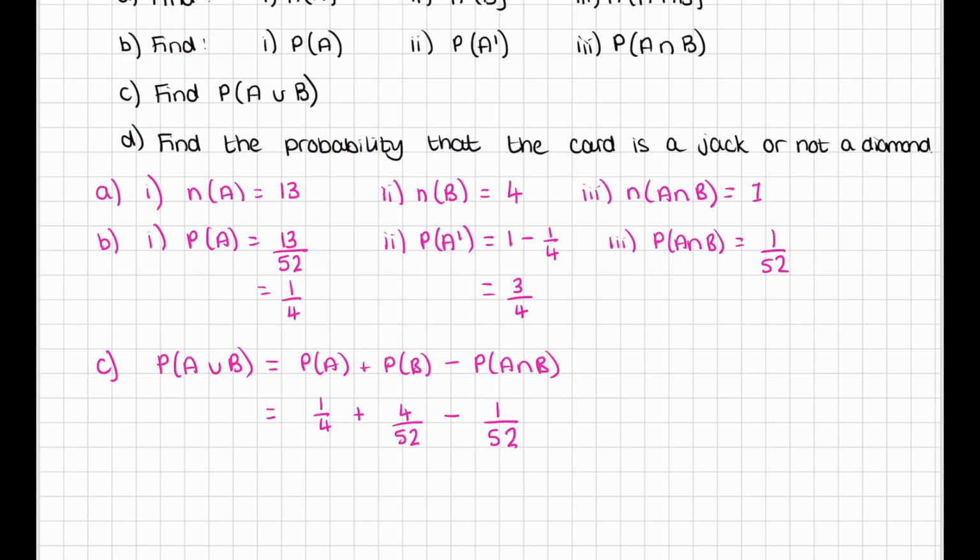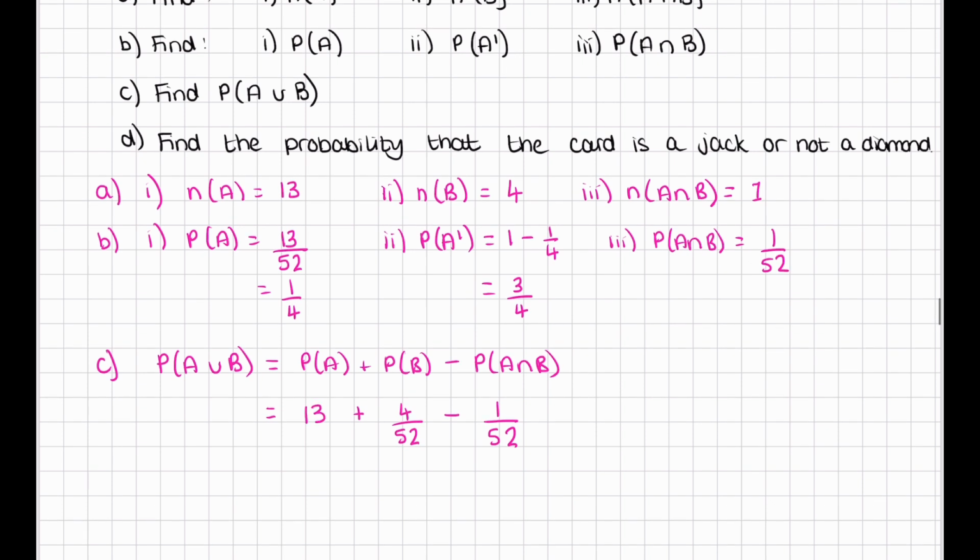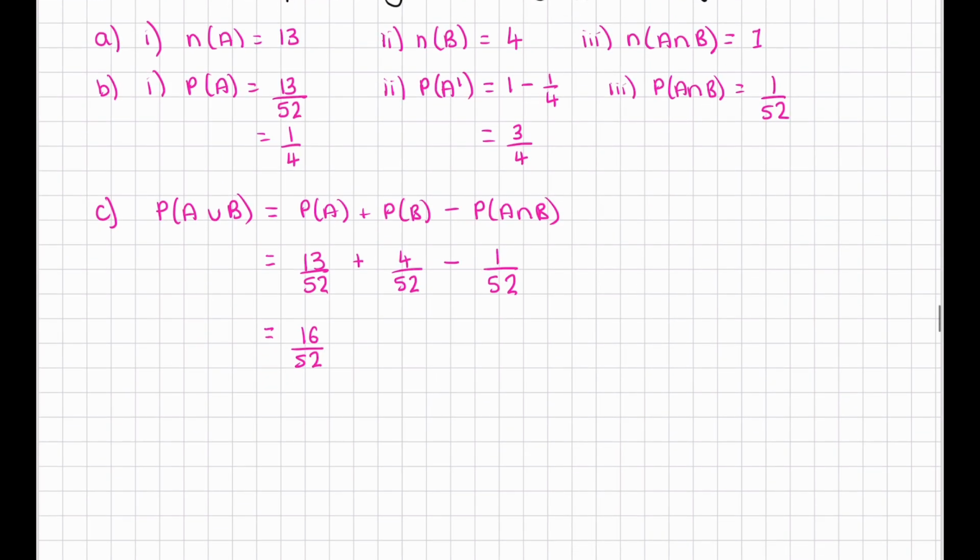Now what we can do here to make the subtraction easier is change this quarter to 13 out of 52. So we've all got the same denominator, and then we can just work that out from there. So it's 13 plus 4 minus 1, which is 16 out of 52. And if we want, we can then simplify that down to 4 out of 13.